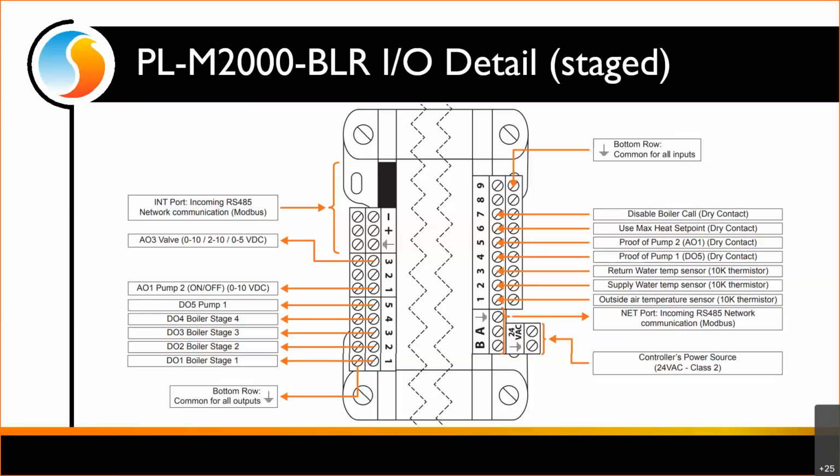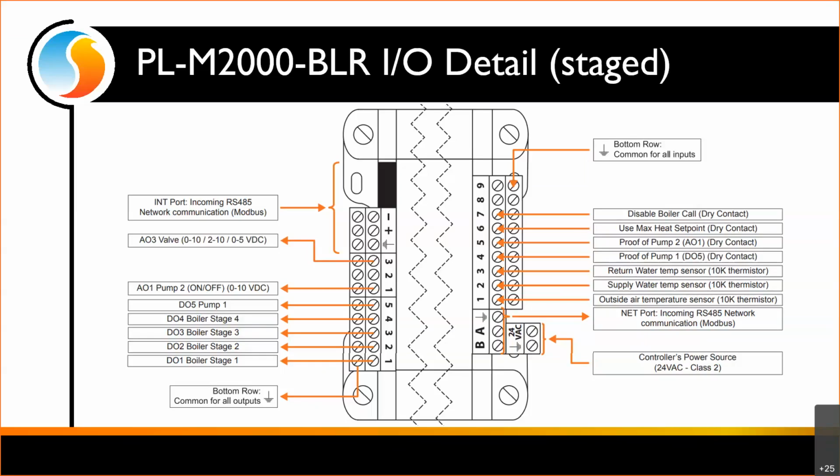And then also with input 7, we can do just the opposite and we can disable the boiler. So whether this is an error signal out of the boiler that it's had some sort of fault and is shut down, or if you want some sort of a manual switch for making sure stuff stays shut down during the summertime, however you want to use that. As long as that contact is maintained, the boiler will be disabled.